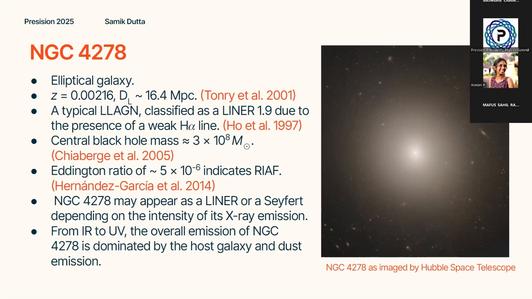The previous paper by Lian et al. showed that NGC 4278 sometimes appears as a LINER and sometimes as a Seyfert galaxy, depending on the X-ray emission. Because it is a low luminosity AGN, over the IR to UV wavelengths it is dominated by the host galaxy and the dust emission.